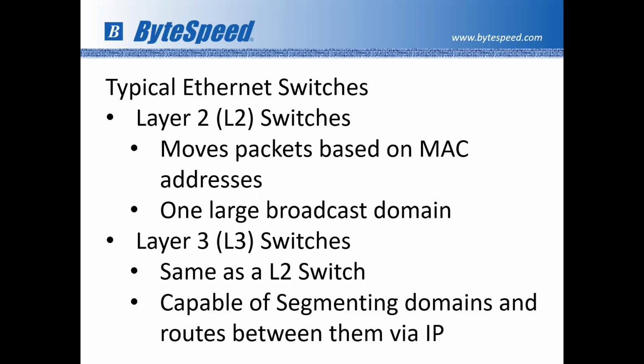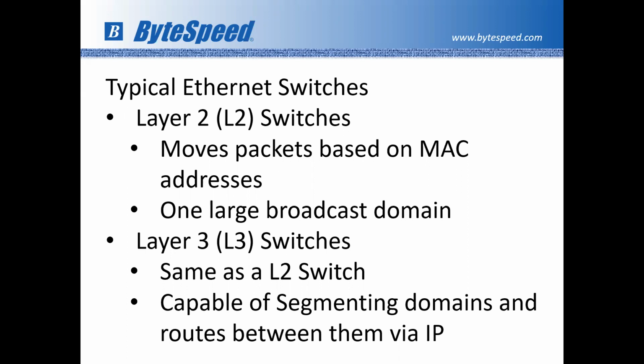Then you have true layer 3 switches, where they actually do route. Again, they still switch like layer 2. You can start using access control lists, or in the Juniper world, they're called firewall filters, to start controlling where your data is allowed to go.